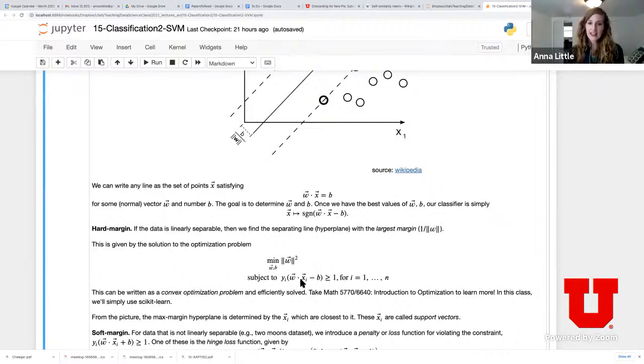On the other hand, if I have a point with a label of -1, then this comes out to be a -1. You multiply -1 by -1, which gives you a +1. So actually, this constraint is ensuring that both the +1 points and the -1 points do not fall inside that margin.